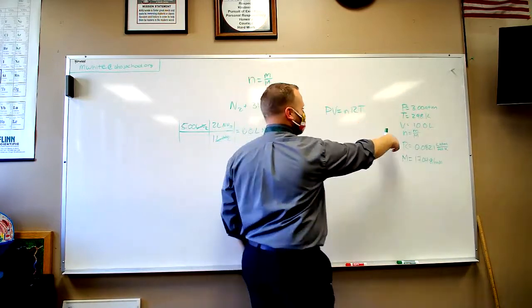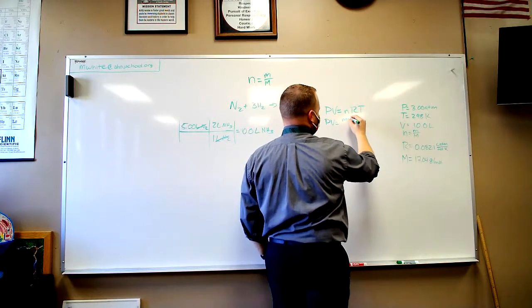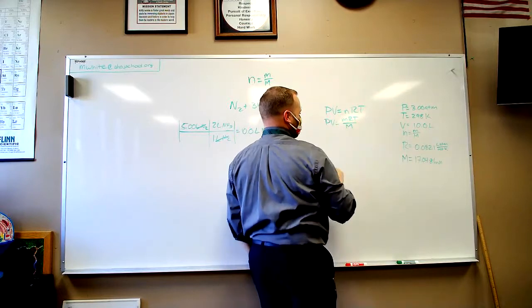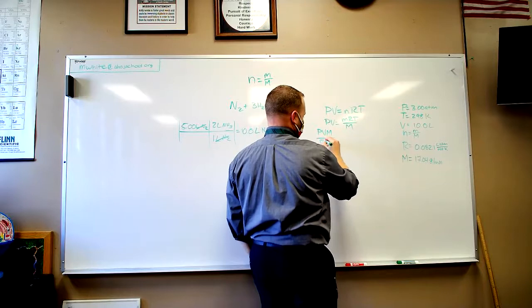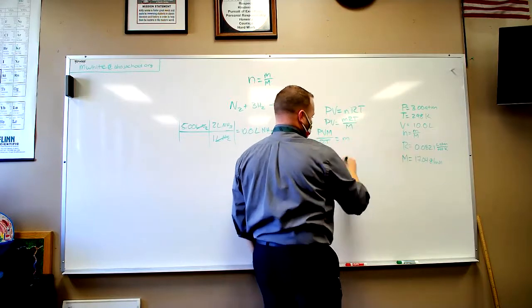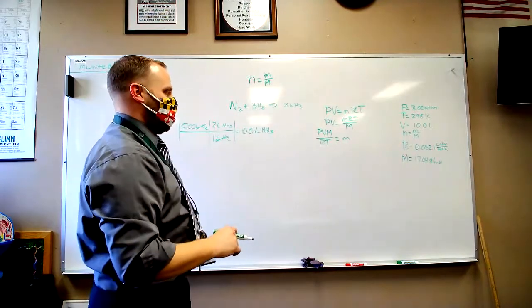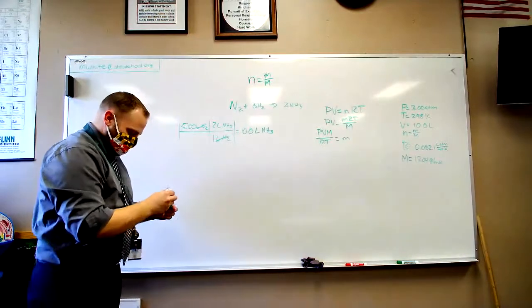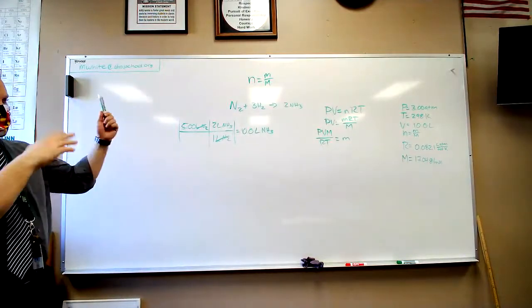So then we can substitute this in here, and then solve for m. And then we just have to pull those things in, now to go straight to grams instead of going to moles and then grams.